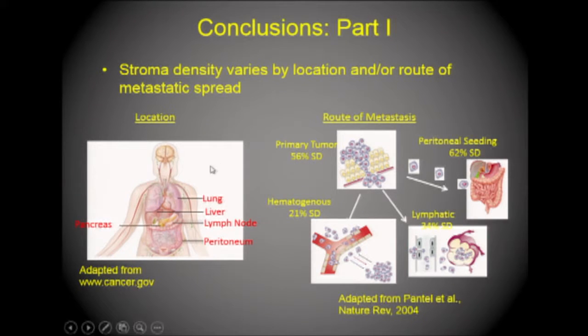So to conclude the first part, I would say that there are differing amounts and almost certainly characteristics of the stroma at different anatomic sites in pancreas cancer, and we need to be ready to study those because when we give a drug, it goes everywhere if we're lucky. And that there may be prognostic implications or subclasses of stroma that may be manifest and quantifiable by these metrics.